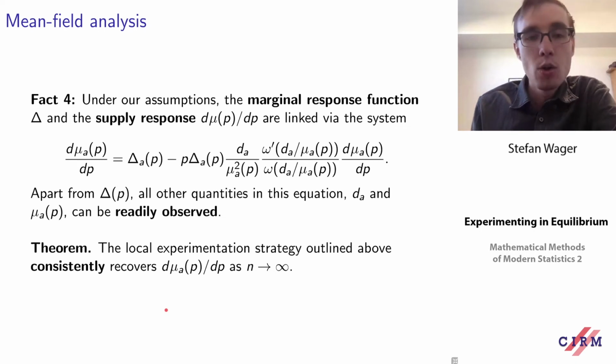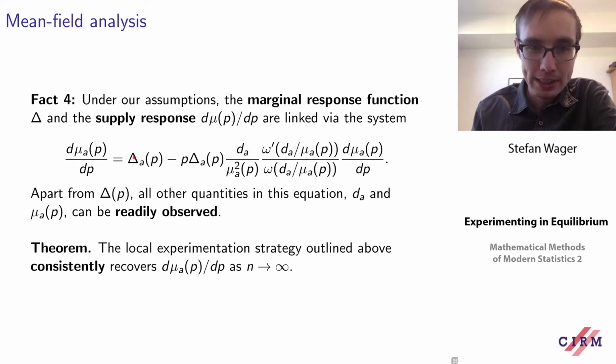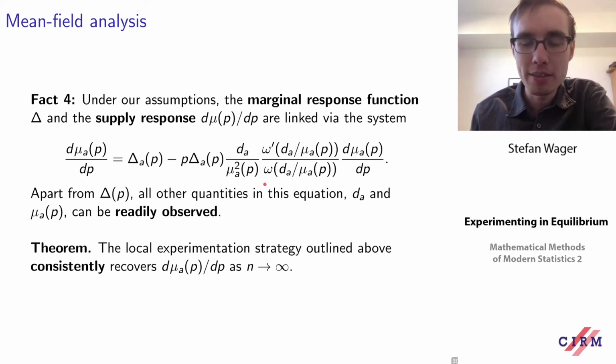So what do we have here? This is a linear system with delta. We can estimate delta, and d mu dp is what we want to know. And there's a lot of other stuff, essentially demand and supply and this omega function. But it turns out these are all things that realistically you'd already know. Demand, after the day is over, you know what demand was. Similarly, what fraction of workers chose to become active, you can just measure.